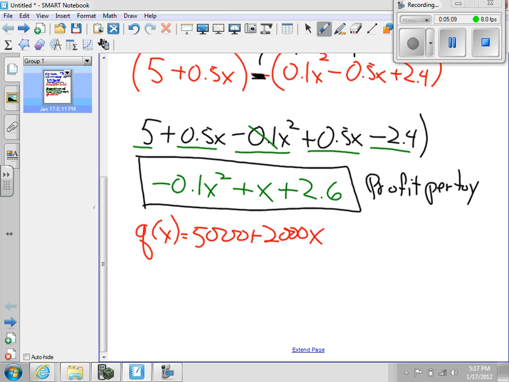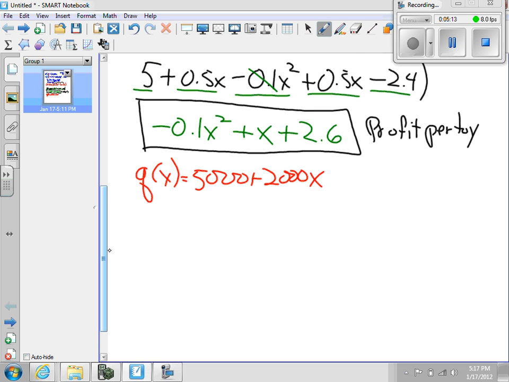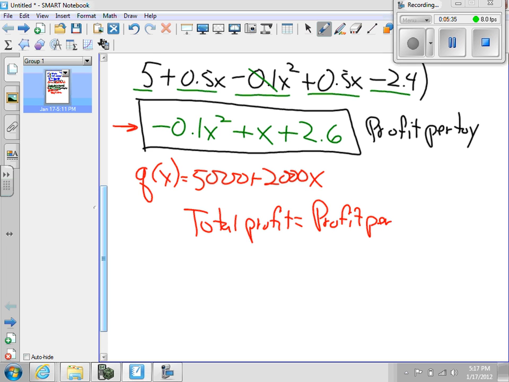But what they're asking us for in the second part is, according to the model found in part A, which is this, what happens to the total profit over time? So total profit will be equal to profit per toy times, well, the number of toys.